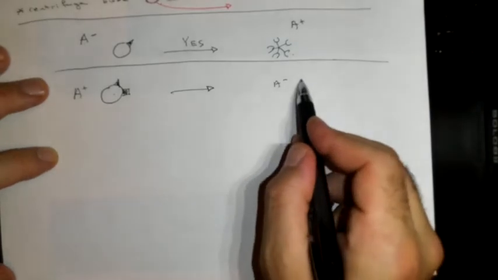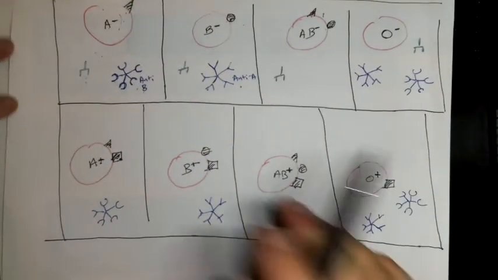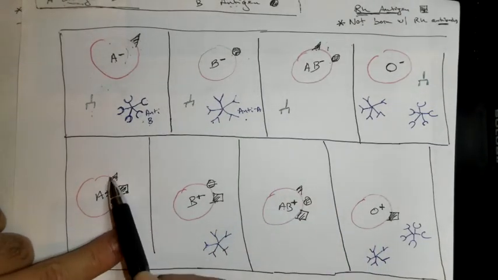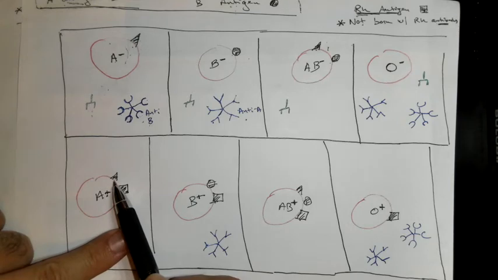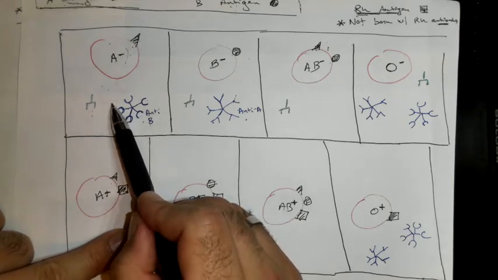Now I have to draw the antibodies of the A negative person. So let me look at that sheet again. So I'm asking, can I take just this RBC and introduce it inside the plasma of this person?